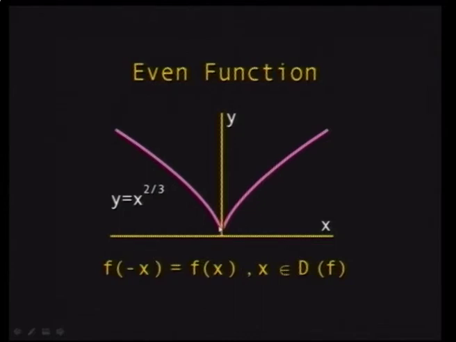In other words, when you draw it for x positive, the value of y is equal to that for x negative. So this is called an even function, and you check this by writing f of minus x is equal to f of x. In other words, when you substitute x here by minus x, you get the same value of y.